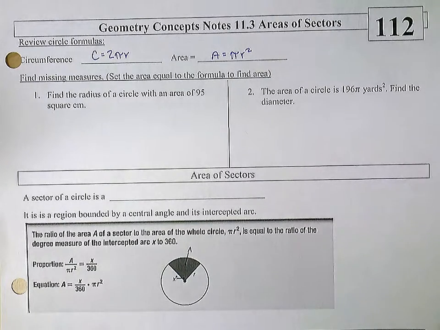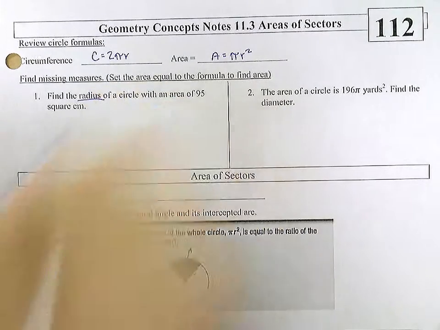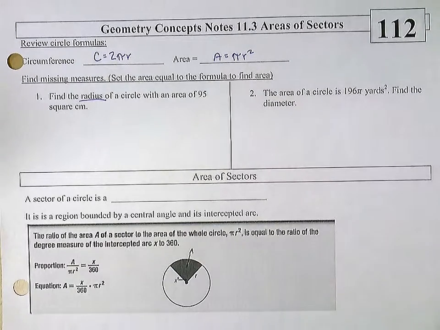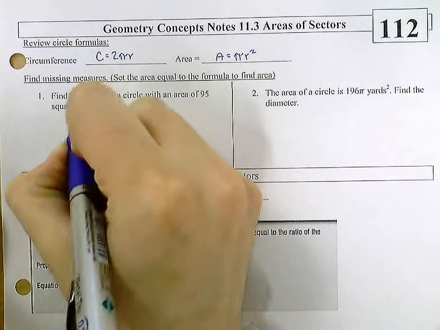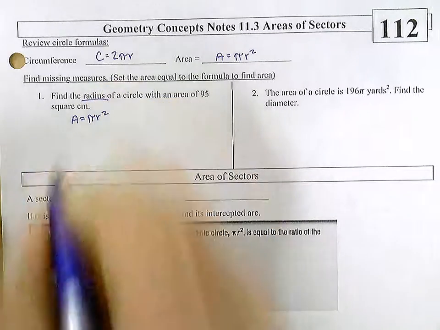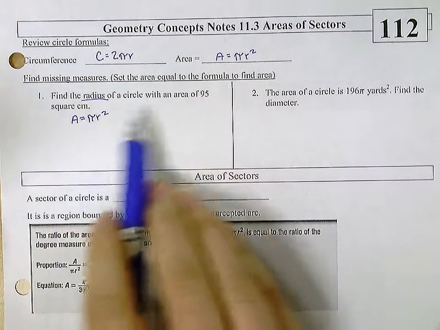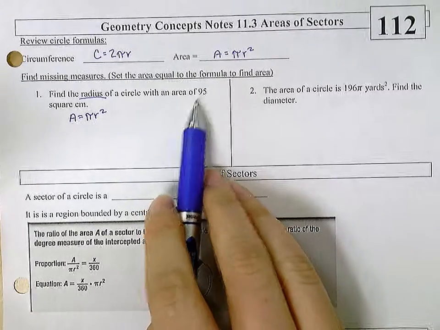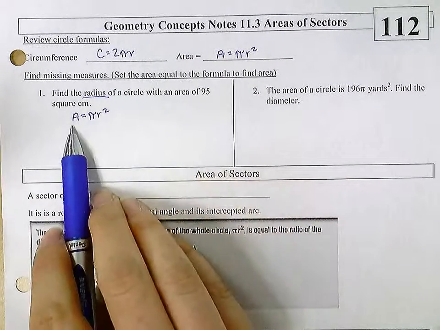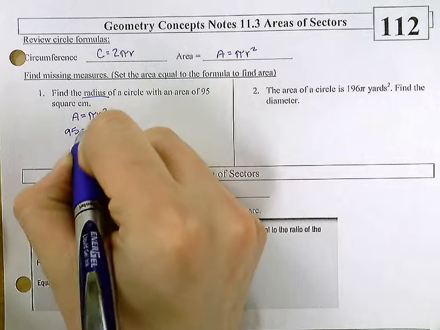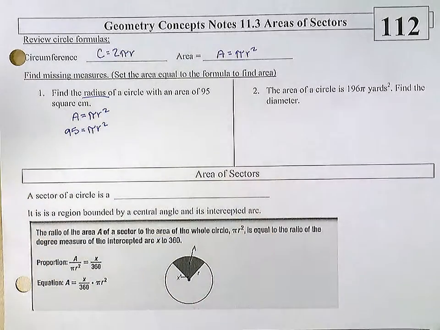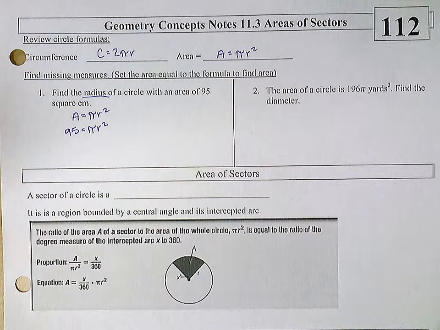So going over a little bit more with area, we want to find the missing measures. So number 1, find the radius of a circle with an area of 95 square centimeters. So you still use this area formula. Now we're given the area in this problem, so you would plug in 95 for A. And we're trying to solve for the radius, so we're just going to try and get r by itself.